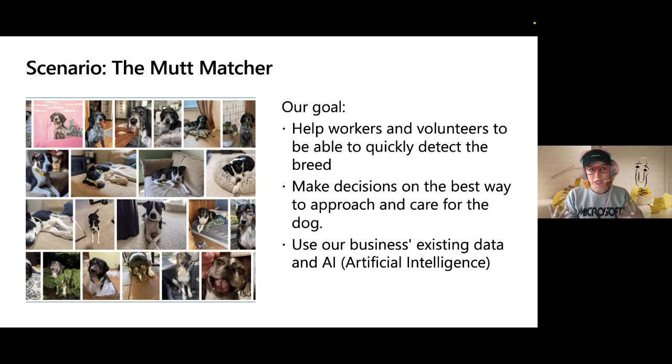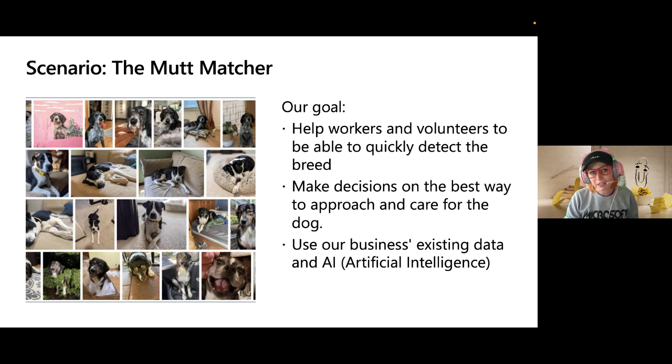I want you to imagine that you are a volunteer or a worker and you are working at a place where you need to identify dogs and understand the best way to appropriately take care of them. So our goal with this application is to do a couple things. We want to help workers and volunteers be able to quickly detect the breed of a dog. Now, I love dogs. I'm a big fan of dogs. I, of course, don't know all the breeds in the world, so an application like this, super, super useful.